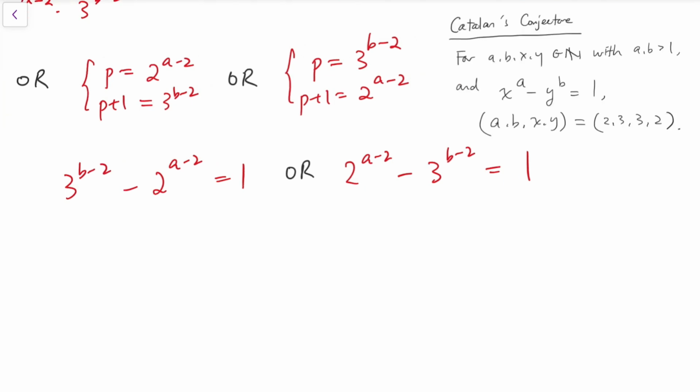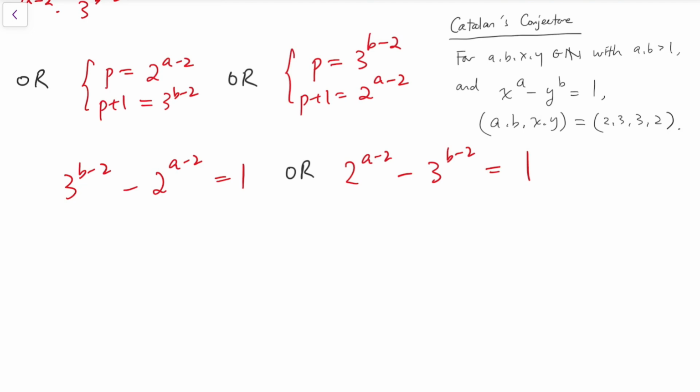To make calculations faster, I'm going to make use of Catalan's Conjecture, which says whenever we have two perfect powers with difference equal to 1, unless one of the two or both exponents are equal to 1, the only solution would be 3 to the power 2 minus 2 to the power 3 equals 1.